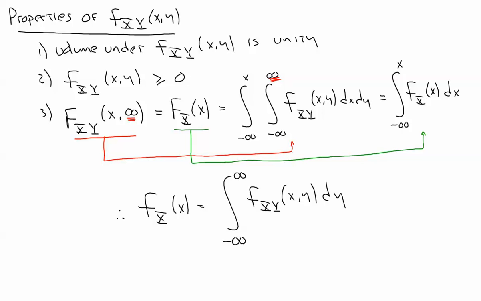Okay? And similarly for y, my marginal PDF for y would be an integral from minus infinity to plus infinity of my joint PDF evaluated against all values in x. Okay? All right.